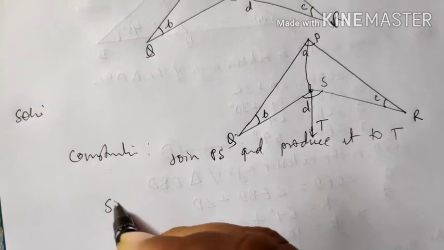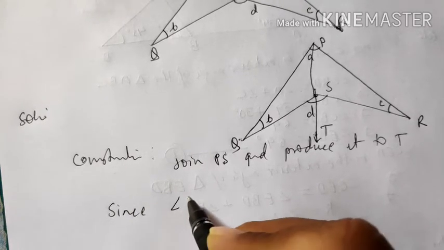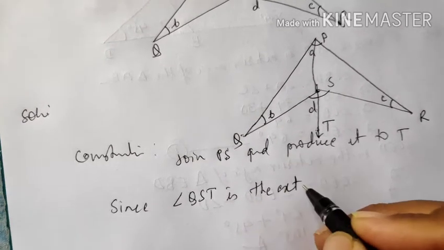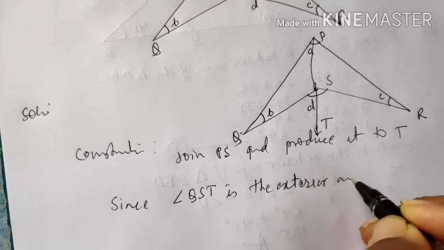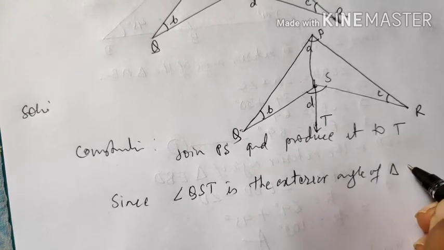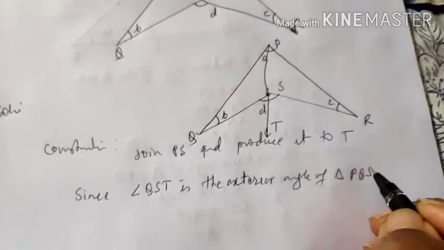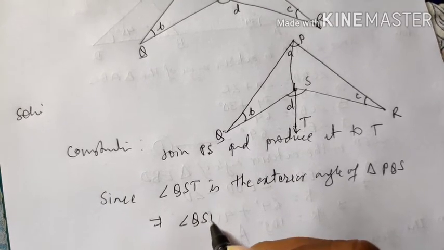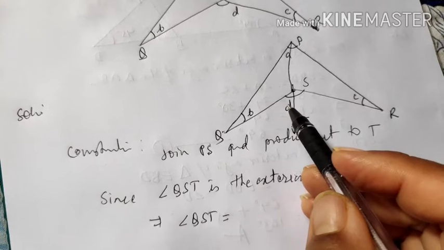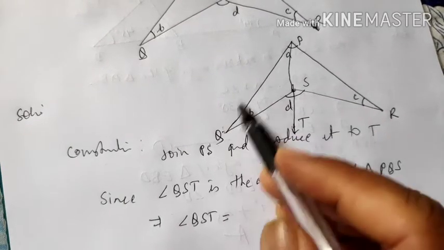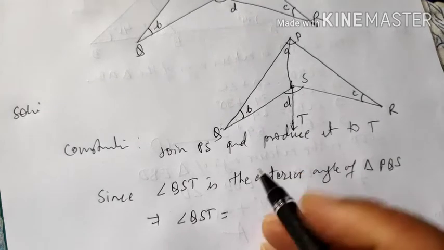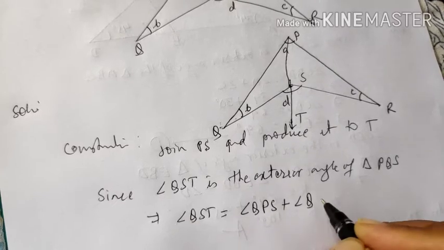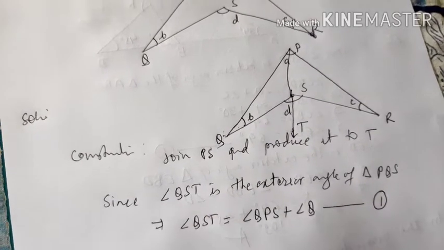So we write, since angle QST is the exterior angle of triangle PQS, this implies angle QST must equal the sum of its two interior opposite angles, that is angle QPS plus angle Q. Denote it as equation 1.